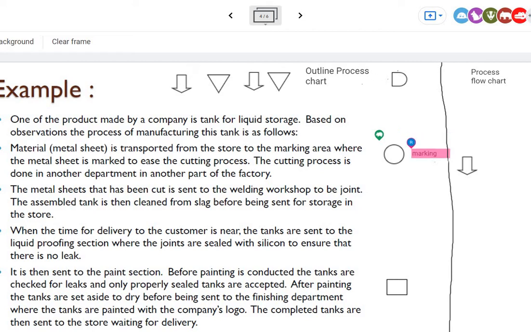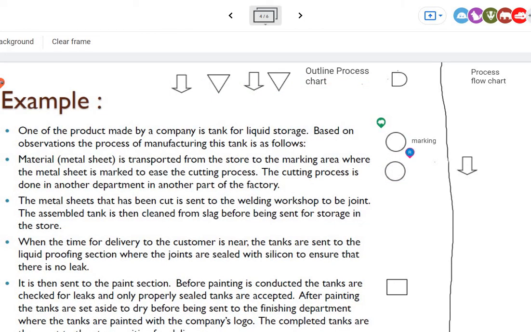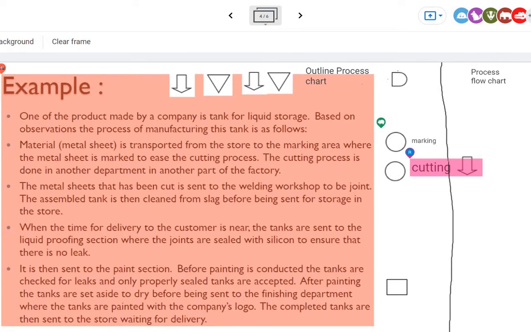This one. And then Control C, Control V. Then you have marking, then cutting. Have cutting.